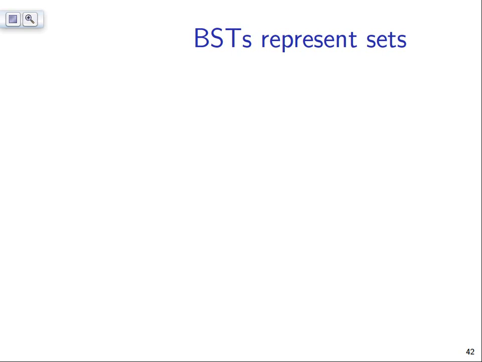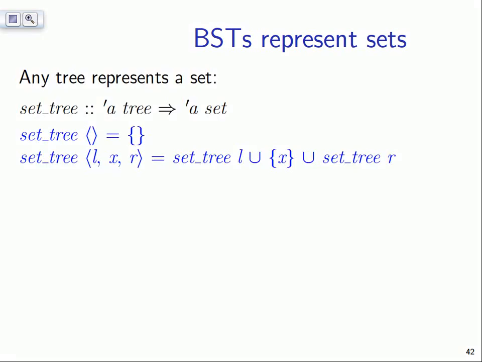So what's the idea when you have a binary search tree? In essence, it's just an implementation of a set. Which set does a tree represent? Here is the function set tree, which converts a tree into the set that belongs to the tree. The leaf represents the empty set, and a node represents the union of the elements in the left part, the right part, and the element itself.